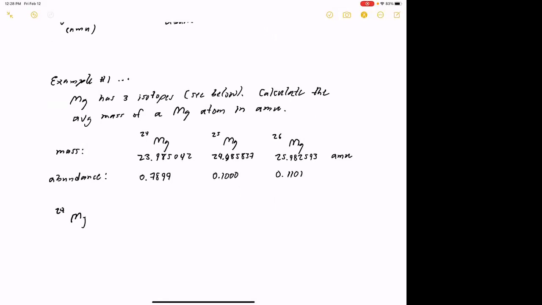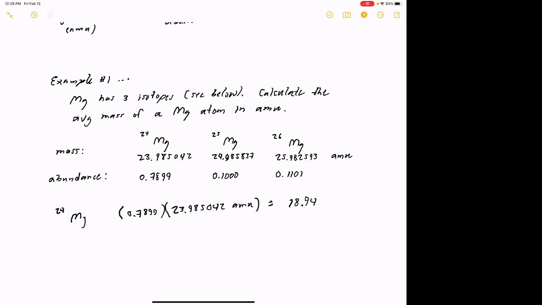It tells me I have to take the fractional abundance, which is 0.7899, and multiply that by the actual mass of the isotope, which is 23.985042, keeping all those sig figs. And that's going to be in AMUs. A fractional abundance doesn't have units. If I multiply that out, I get 18.94.